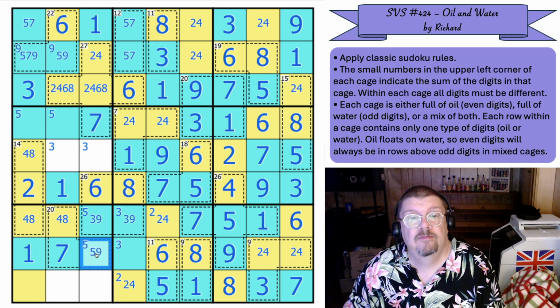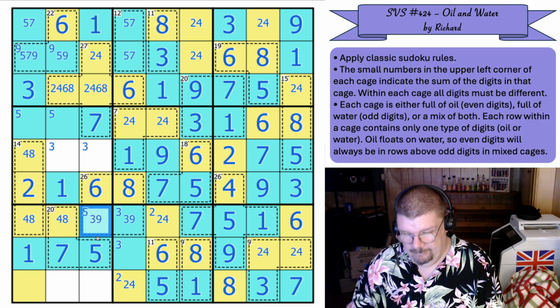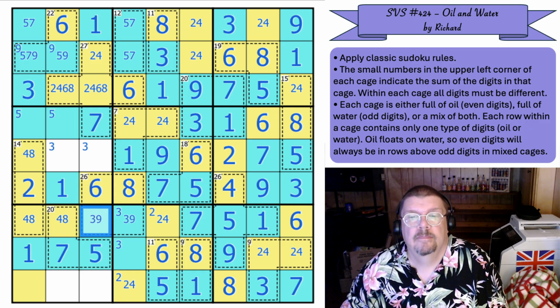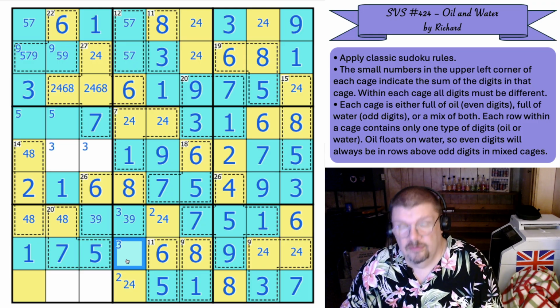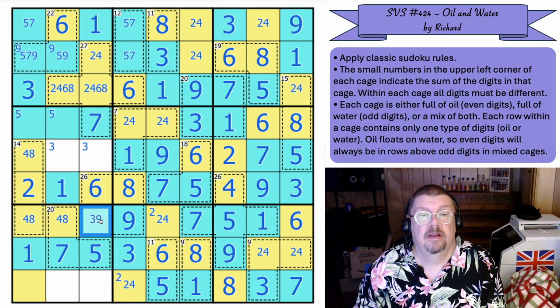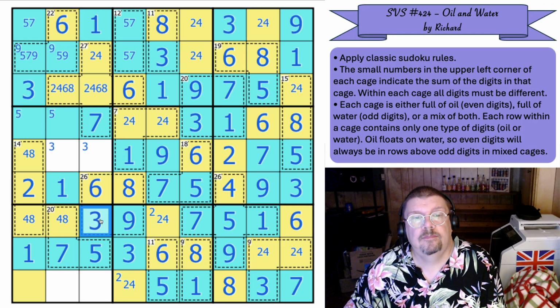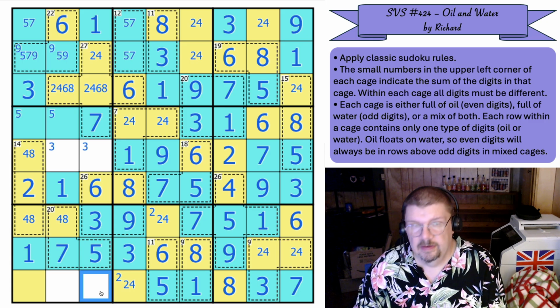That's now 5. That is 3, resolving the 9 and the 3. That cannot be 9 in this column. So that is 9.